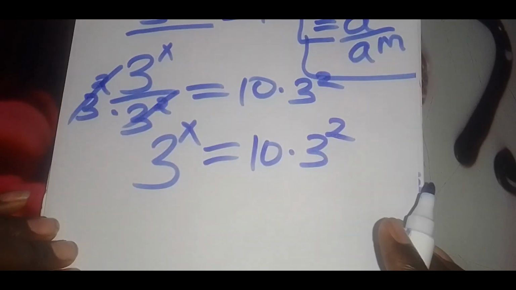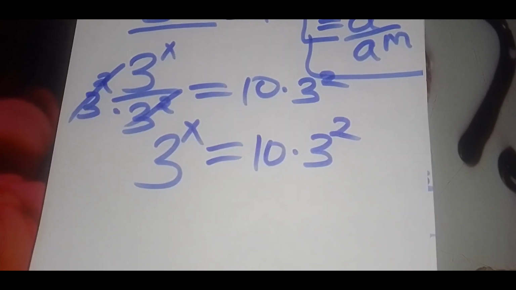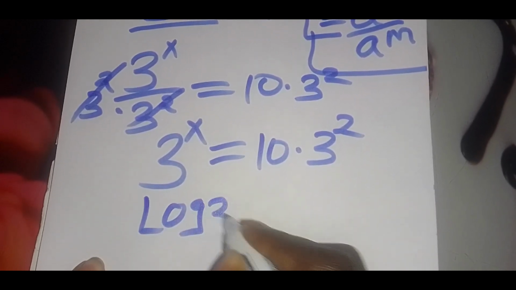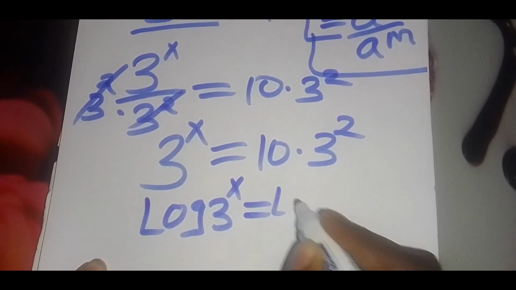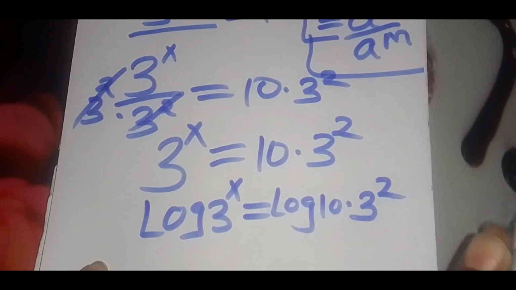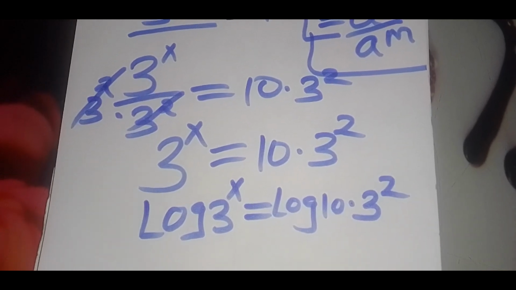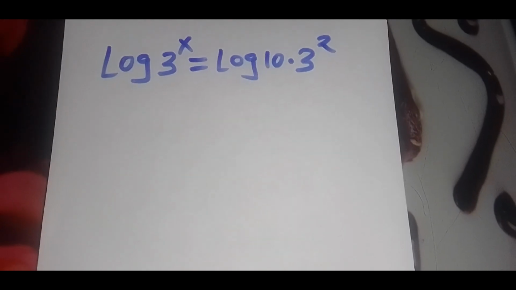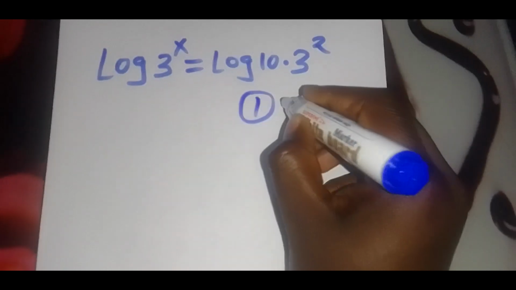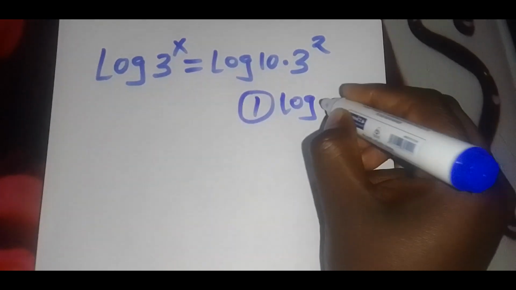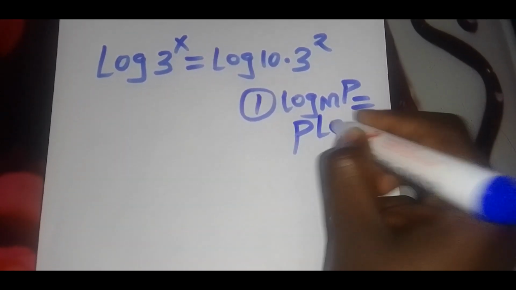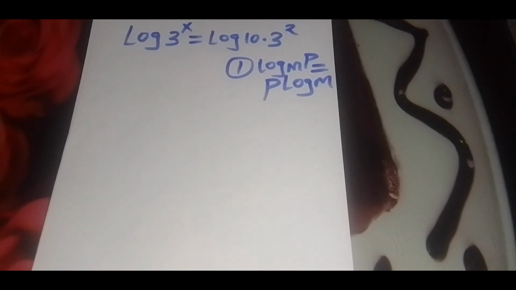Okay, and so for the value of x, we introduce the natural logarithm, such that we're going to have log 3 raised to power x. This is equal to log 10 multiplied by 3 raised to power 2. To solve for the value of x, we apply two logarithm identities. The first one, if you have log m raised to power p, this can be expressed as p log m.